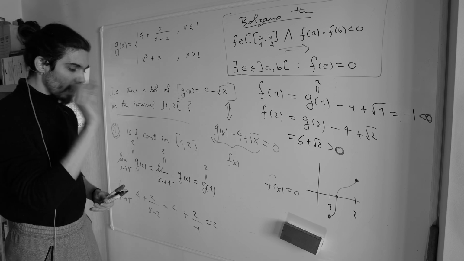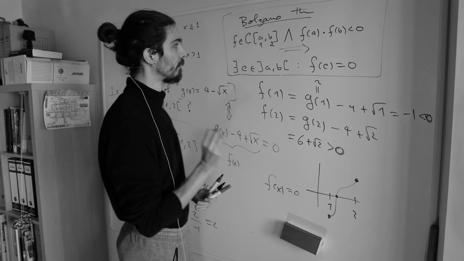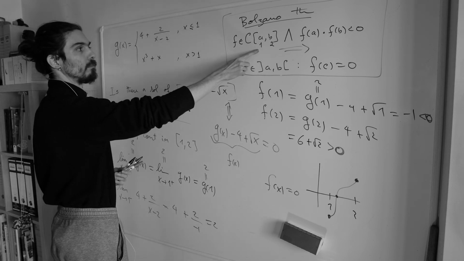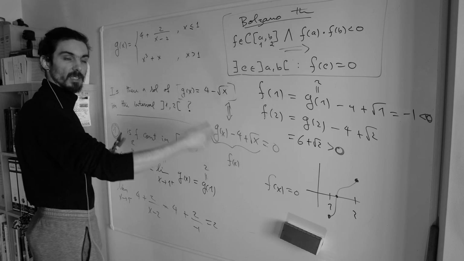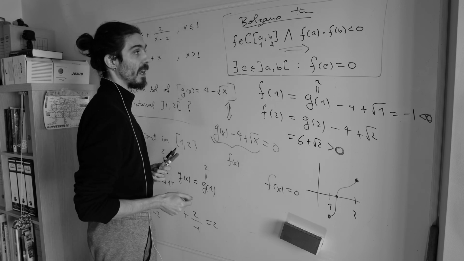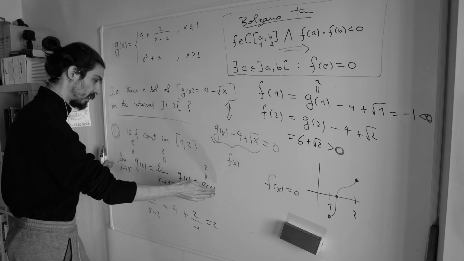Now, one final remark. Why is it important for us to have continuity at 1? Why couldn't it be just continuous at the other points? You have to specifically verify that at this endpoint the function is continuous, like we just did here.